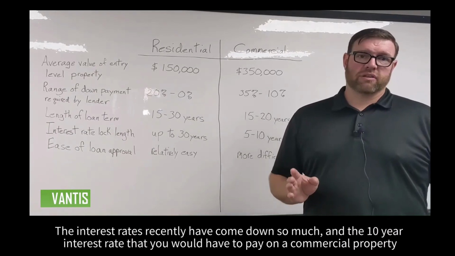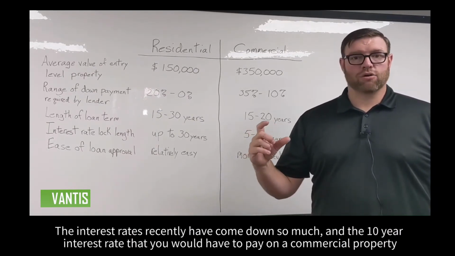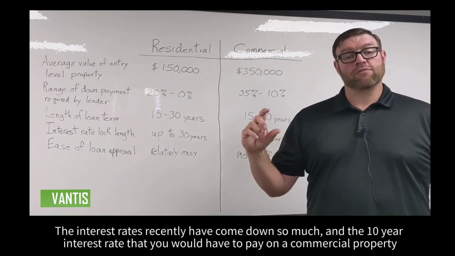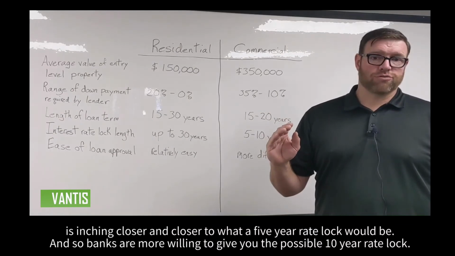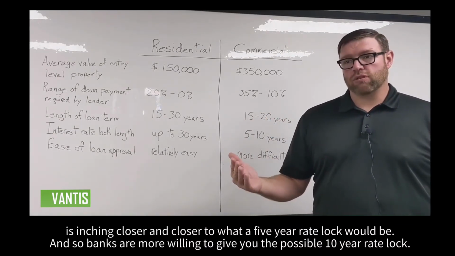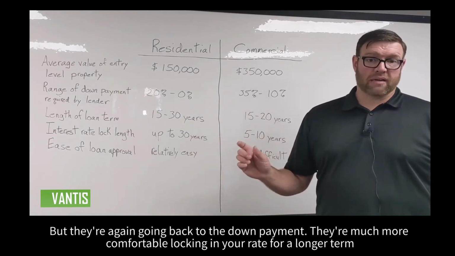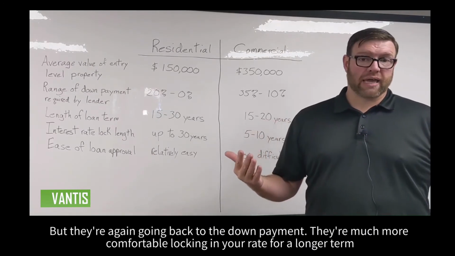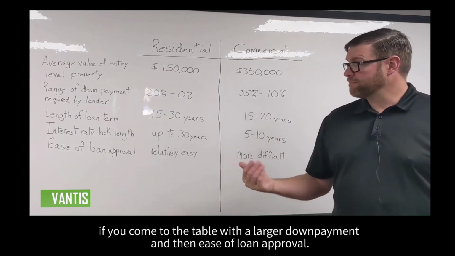Now, interest rates recently have come down so much, and the 10-year interest rate that you would have to pay on a commercial property is inching closer and closer to what a 5-year rate lock would be. And so banks are more willing to give you a possible 10-year rate lock, but there again, going back to the down payment, they're much more comfortable locking in your rate for a longer term if you come to the table with a larger down payment.